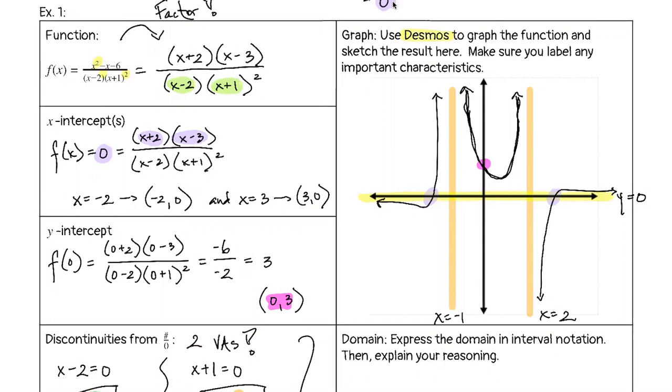But I don't expect you to know how the whole graph looks, if that makes sense. So again, we're looking at graphing the vertical asymptotes, the horizontal asymptotes, and the x and y intercepts, knowing how to find those, but not necessarily how to connect everything.